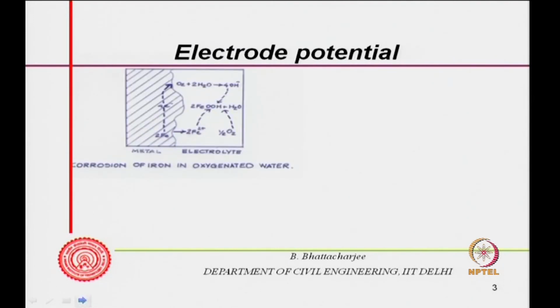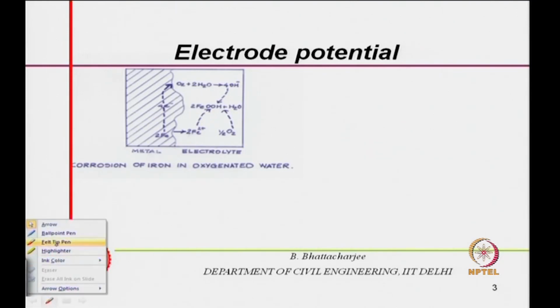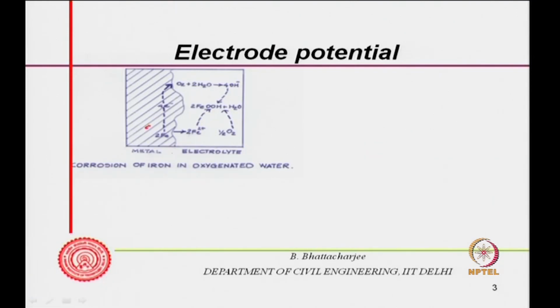If you recollect, we talked about anode and cathode formation within the metal. So, if this is my metal, there will be some place where there is anode formation. Let us say this is my anode and this is my cathode.